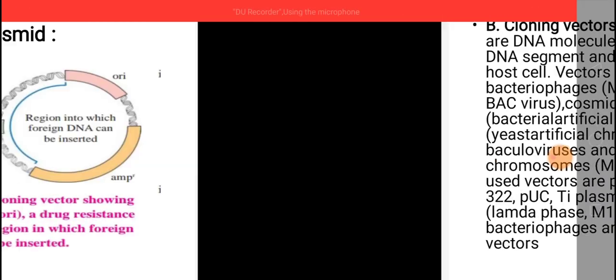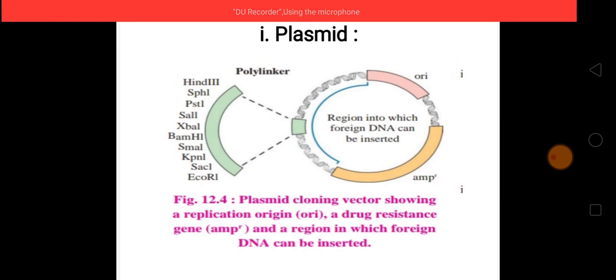Next is the plasmid. The plasmids most commonly used in rDNA technology are those that replicate in Escherichia coli bacteria.